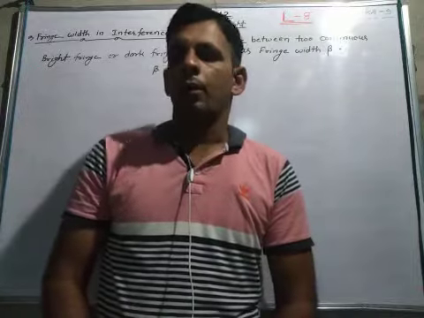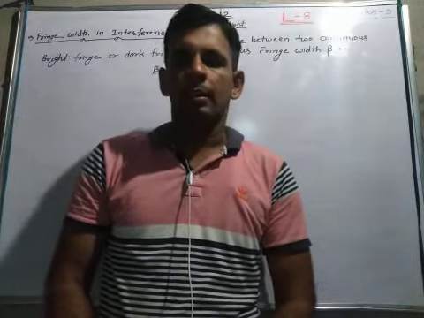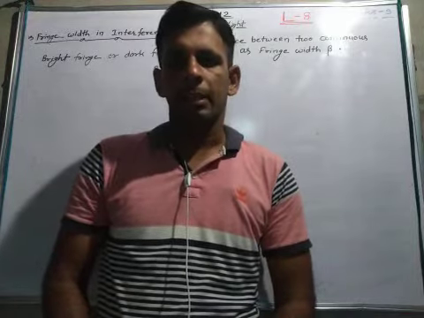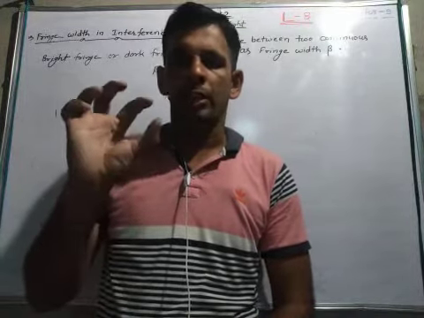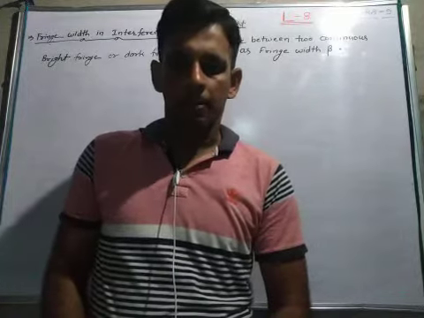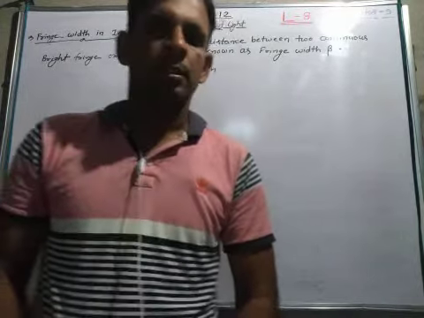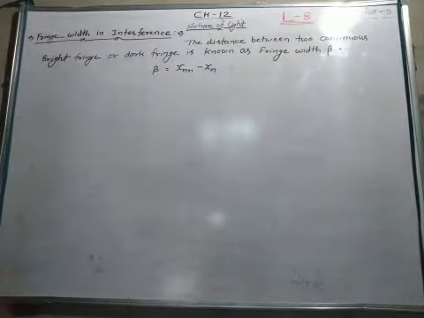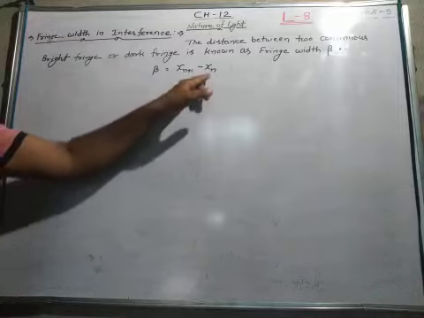We discussed in the last lectures that fringe width is the distance between two continuous dark fringes or two continuous bright fringes. This is shown by beta. Beta is equal to xn plus 1 minus xn.